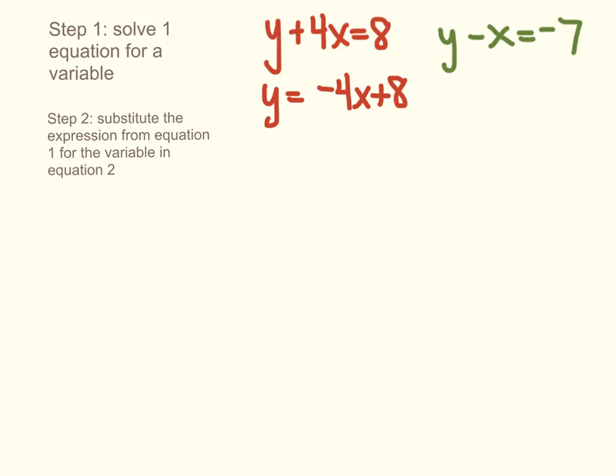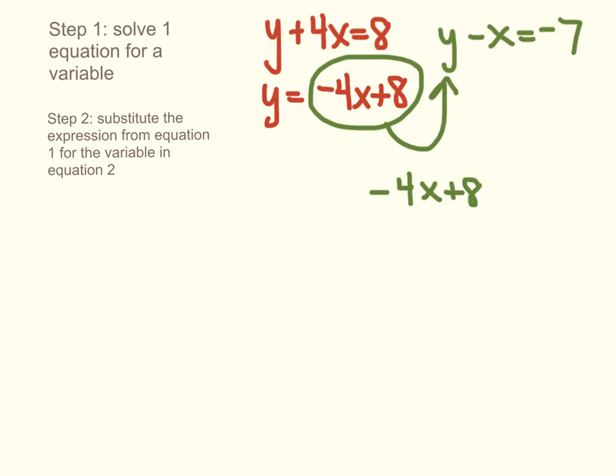So I'm going to take this negative 4x plus 8 and substitute it in for this y in the other equation to get negative 4x plus 8 minus x equals negative 7. So what was the benefit of that? Now I have an equation with just one variable that I can solve for.